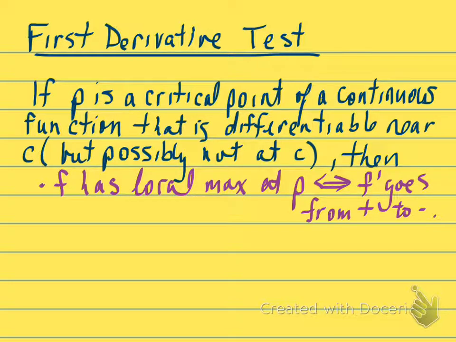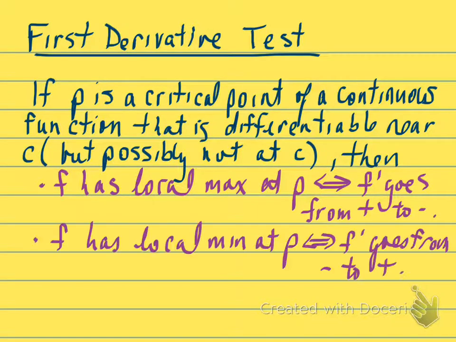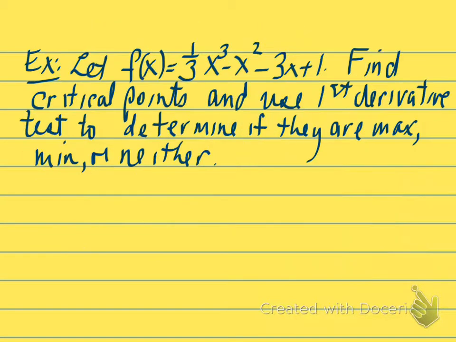So we have a local max if and only if the function goes from increasing to decreasing at that point. And f has a local min at p if and only if f prime goes from negative to positive. So in other words, if and only if the function goes from decreasing to increasing.